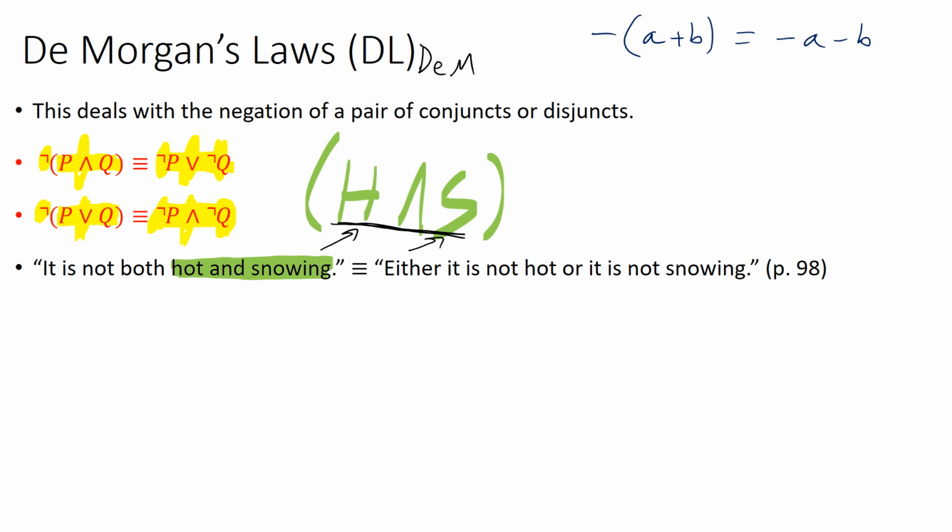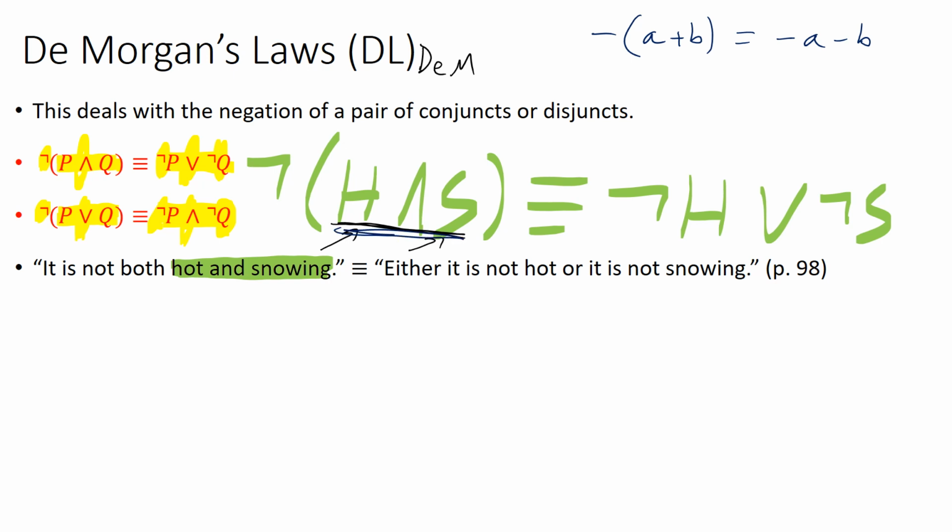But if we deny that, we say it's not the case, or in other words, what makes it false to say it's both hot and snowing? Well, then either it is not hot or it is not snowing, or both. So that's logically equivalent to not H or not S. So once again, think of it this way.